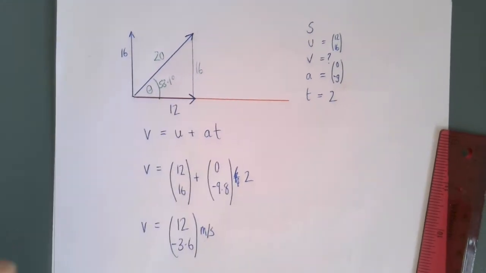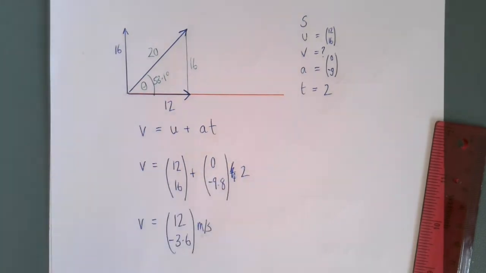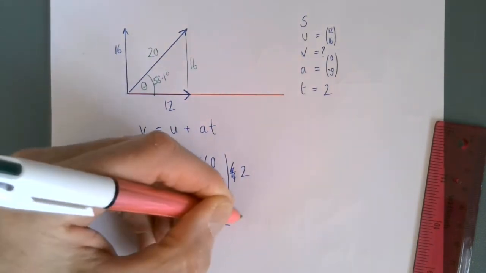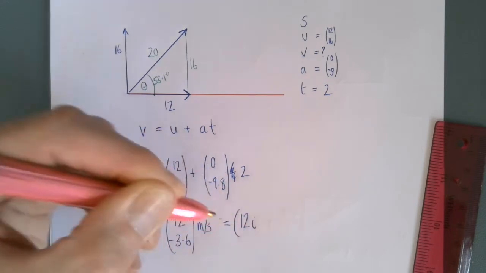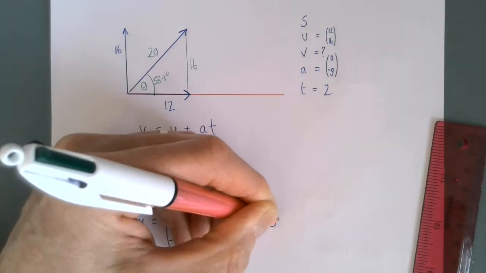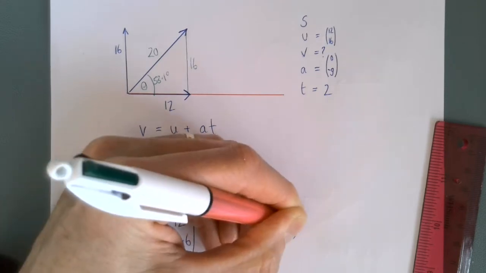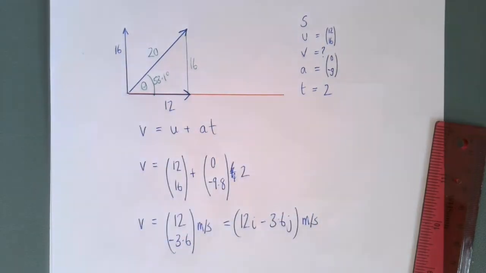And there's nothing wrong with writing an answer with vectors. There's nothing wrong with writing it like that. Or I guess if they'd given it to us in ij notation, we ought to write the answer in ij notation.